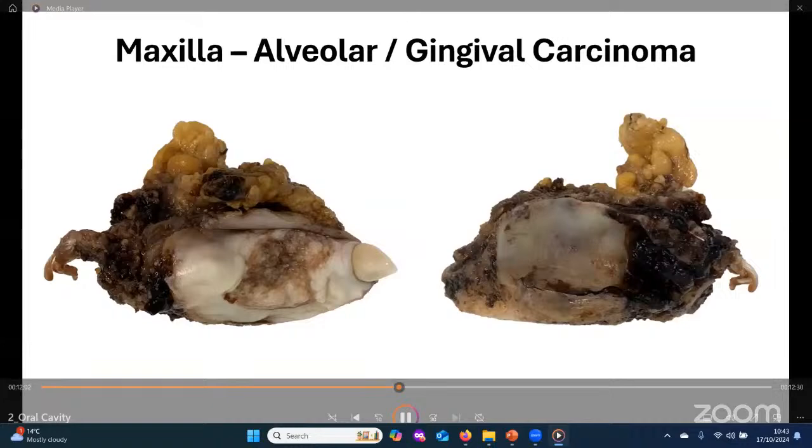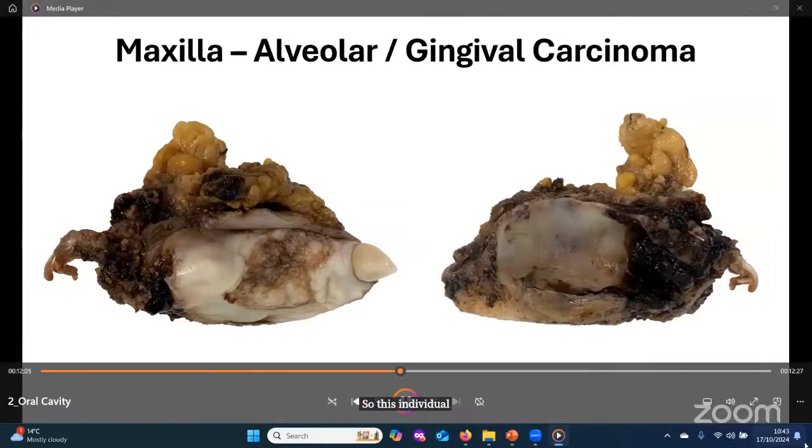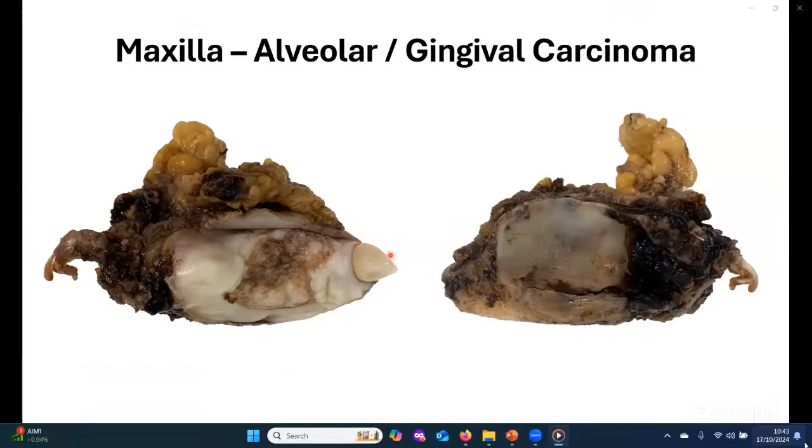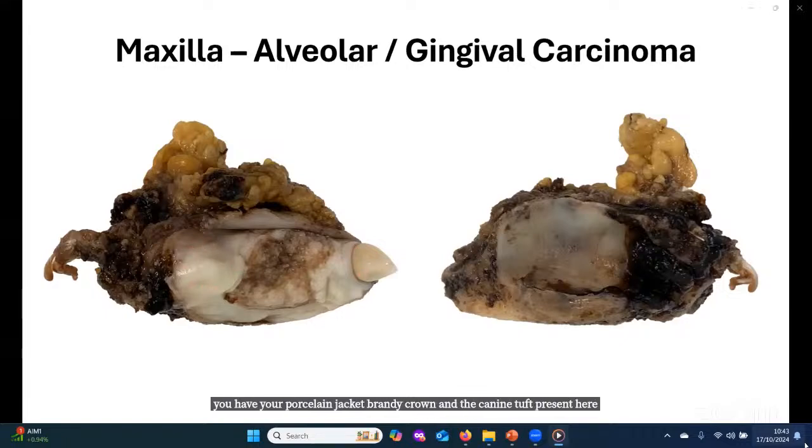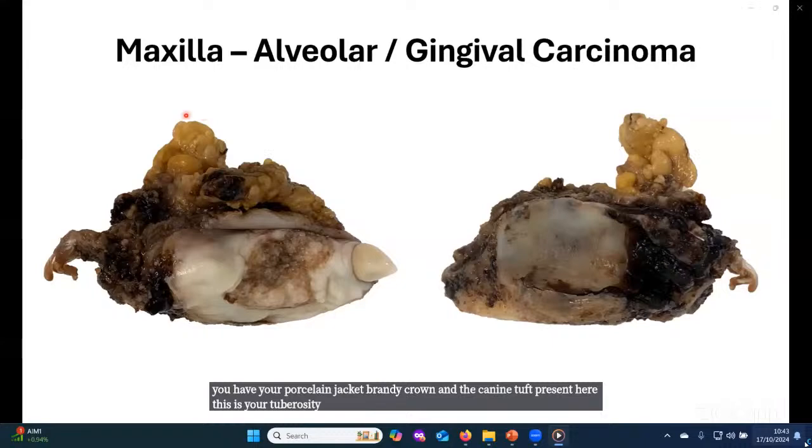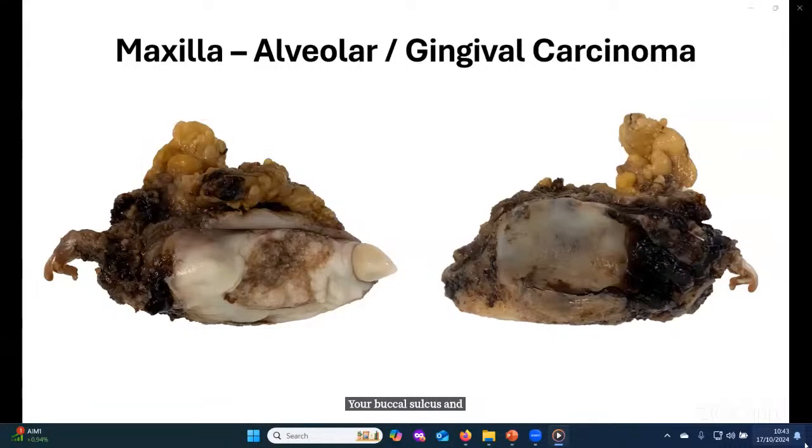So this individual underwent a low-level maxillectomy. You have your porcelain jacket bonded crown and the canine tooth present here. This is your tuberosity, your buccal sulcus and buccal fat pad. This is the palatal margin here.